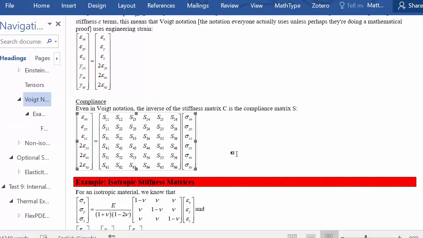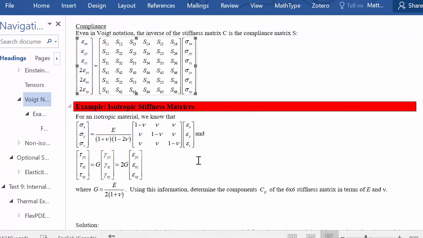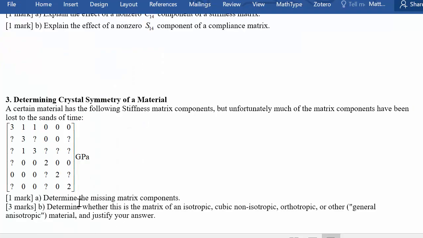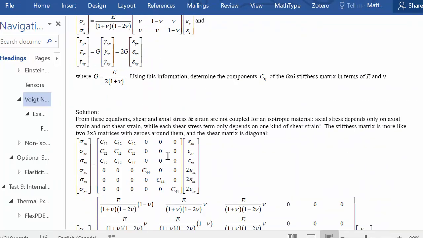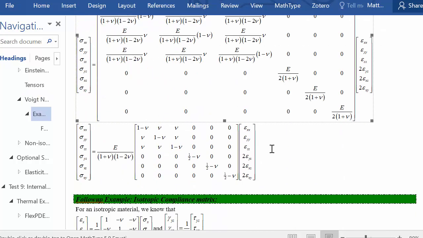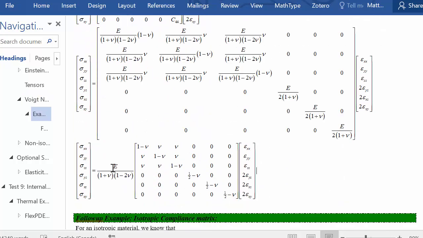So if we go back to our notes, then we can remember that in the stiffness matrix for an isotropic material, the 1,1 component and the 1,2 components are related in a certain way to be able to get this 4,4, 5,5, and 6,6 component.